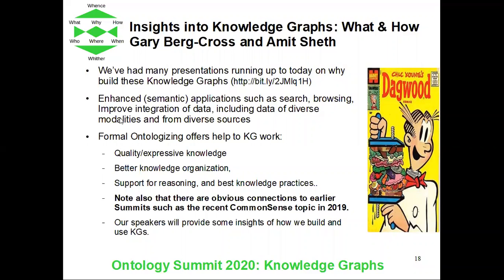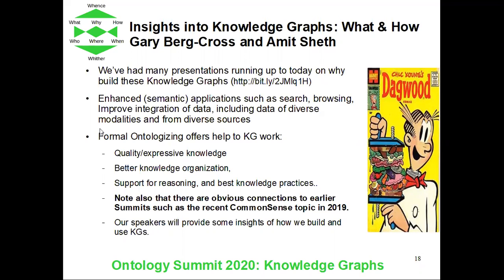I note also on this particular slide, and this was again from our earlier presentation, that formal ontologizing offers a great degree of help for knowledge graph work. For one thing, it improves the expressiveness and the quality of knowledge that goes into a knowledge graph, provides better knowledge organization for the graph, and provides better support for reasoning. And also we have ontological knowledge engineering practices.